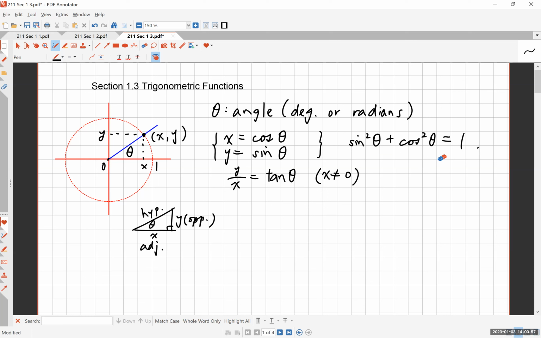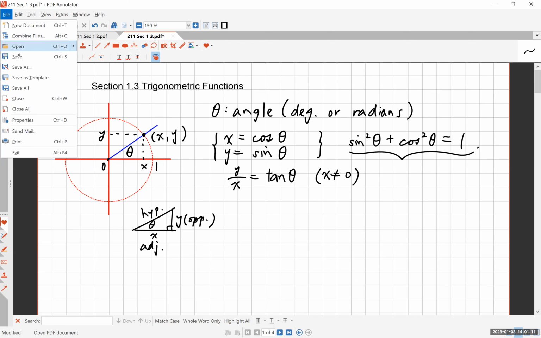And by the way, this is always and forever going to be true, forever and ever, right? So when you become a grandfather or grandmother, and your descendants ask you what is sine squared plus cosine squared, you can confidently answer 1, okay? Because that's not going to change, even if the society and the government and the policies change.